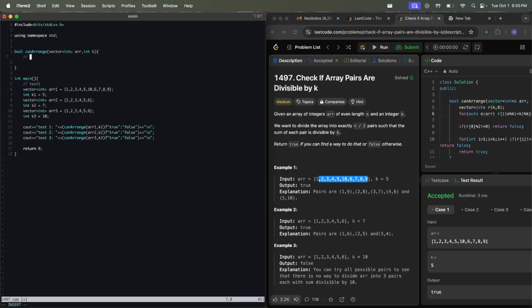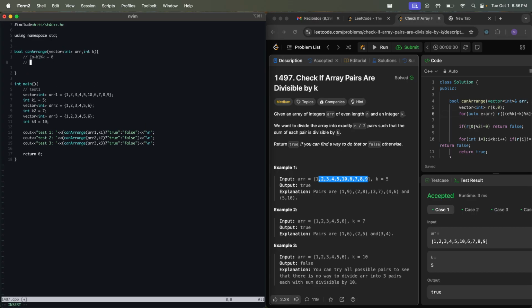The only thing that we need to know is that in order to have a pair of numbers which are divisible by k, the only condition that we need to have is this one: a plus b remainder k equals 0.